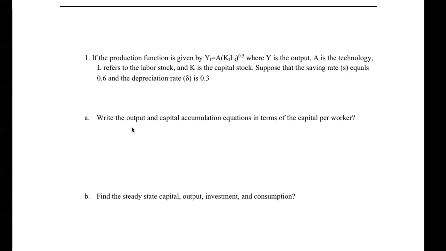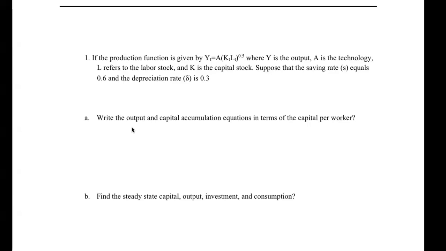And then you can copy A here because it is constant, KT 0.5 becomes small kt, and this one is just 1, so we just ignore it. Now we have a new equation: yt equals A times kt to the power of 0.5. And that's it. This would always be your first step to solve this kind of question. Okay, now let's look at question A.